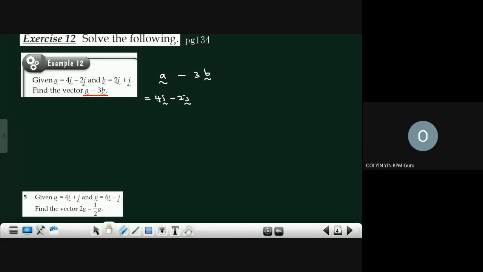I'll put it in a bracket so it's easy to differentiate. And then minus 3 times B, we substitute vector B, which is 2i plus j.